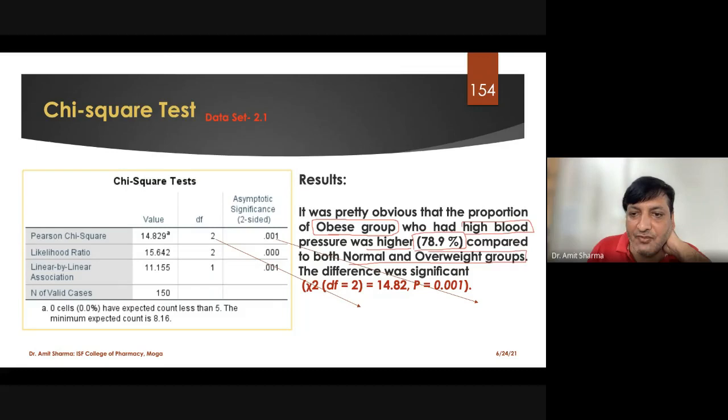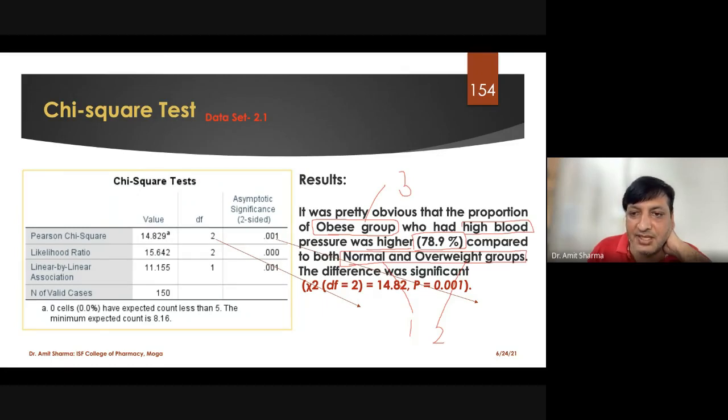So BMI has three different categories. These are the first category, this is the second category, and we are comparing our third category. The highest proportion was seen under the obese group, those who have high blood pressure. And the result of the test, or the difference, was found significant.